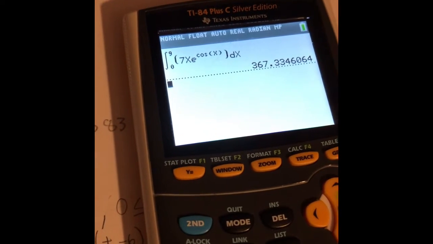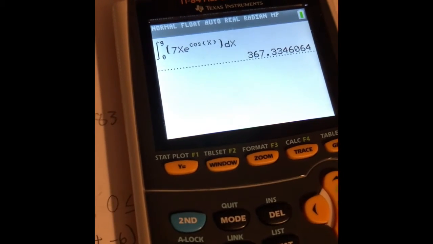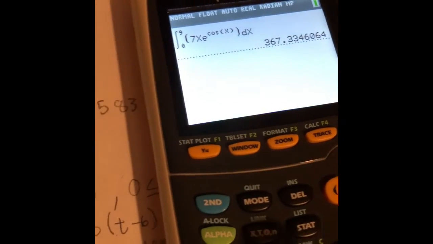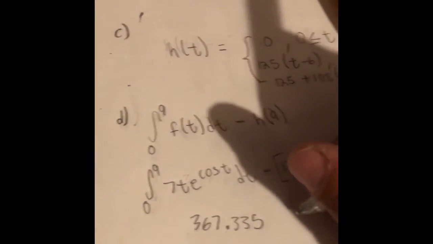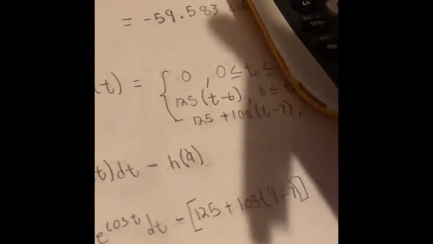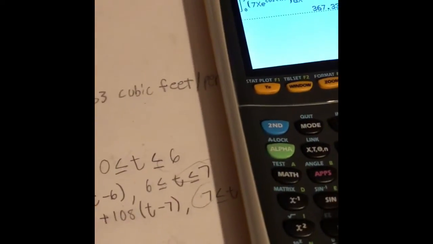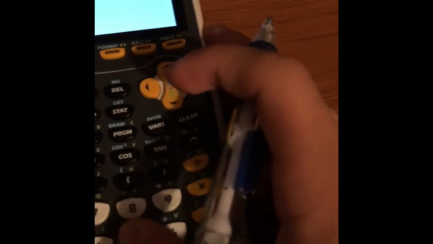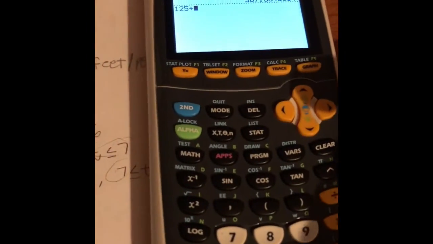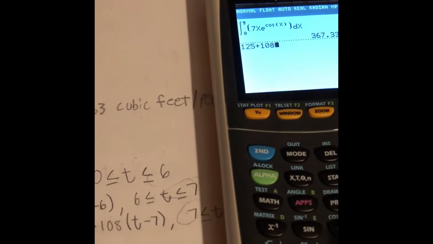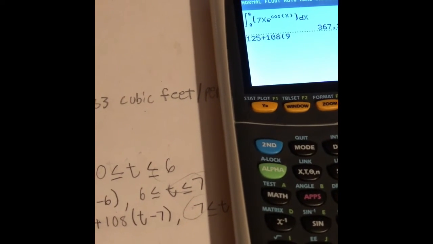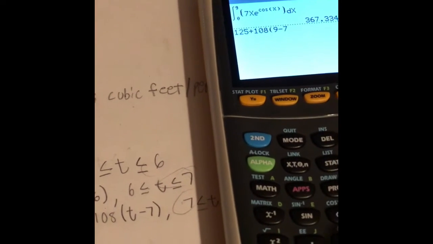All right, so we get 367.335, or approximately. So we can get 367.335 minus, and then we'll plug in our H of 9, which is 125 plus 108 (9 minus 7), excuse me.